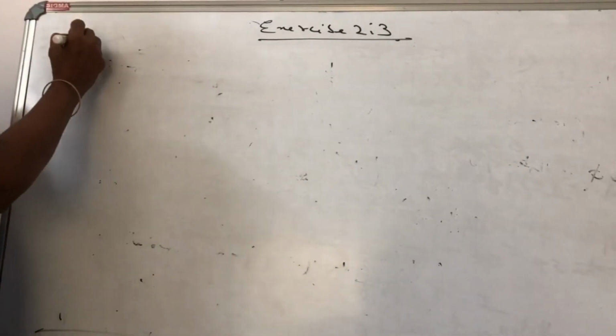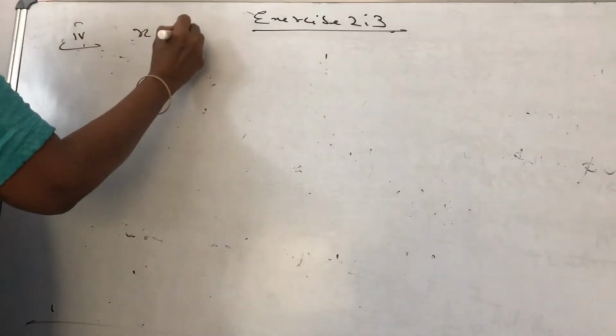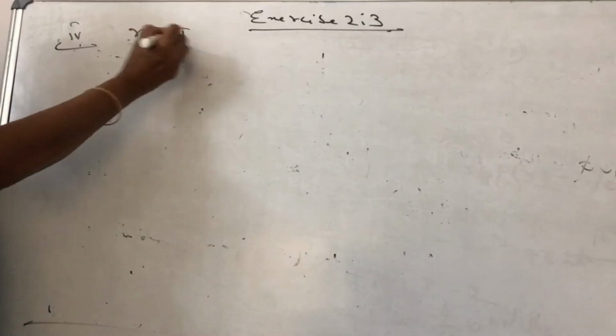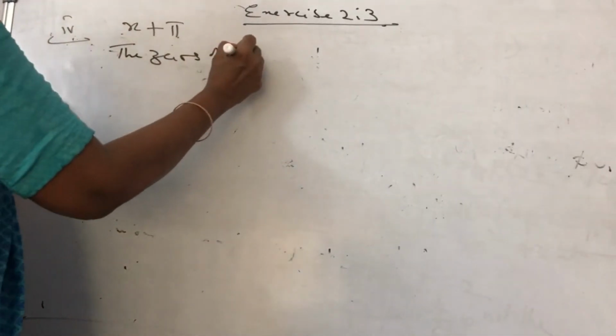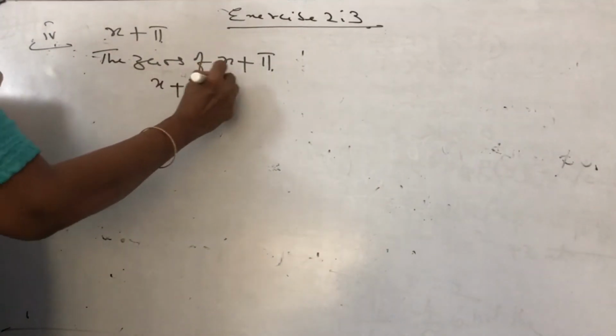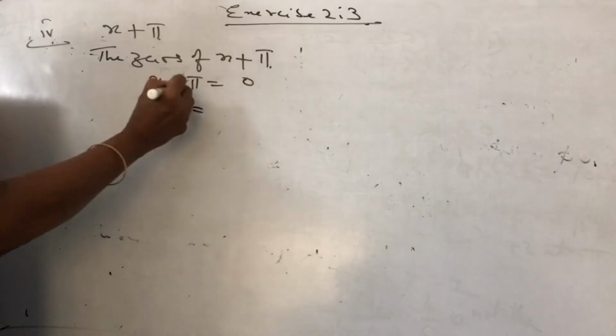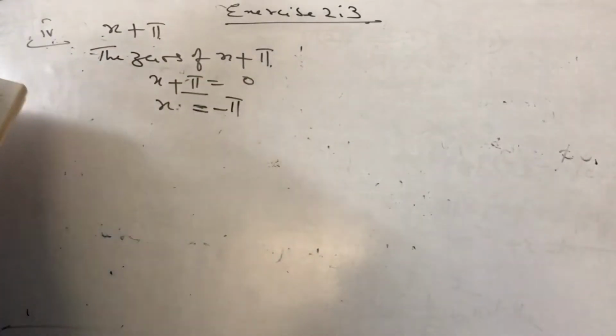Fourth bit, children. X plus pi. Your divisor is x plus pi. The zeros of x plus pi. Zeros of the polynomial means, children, polynomial equal to 0. What will happen to plus pi when it goes to other side?